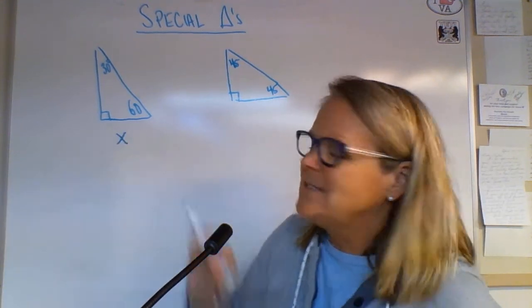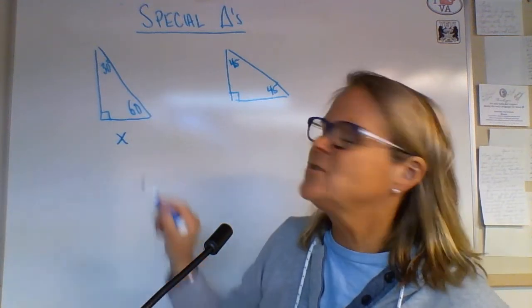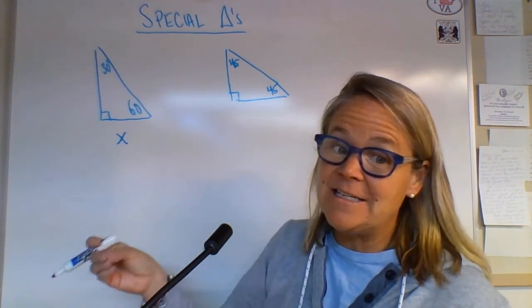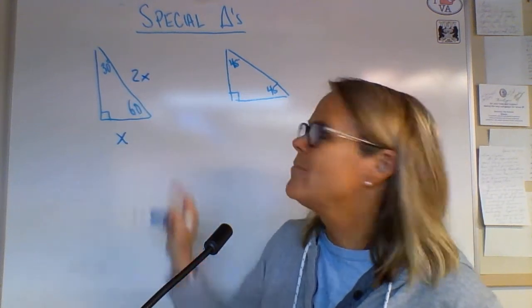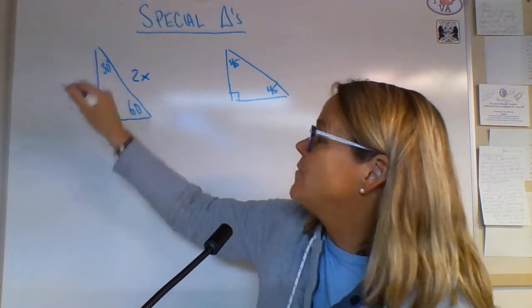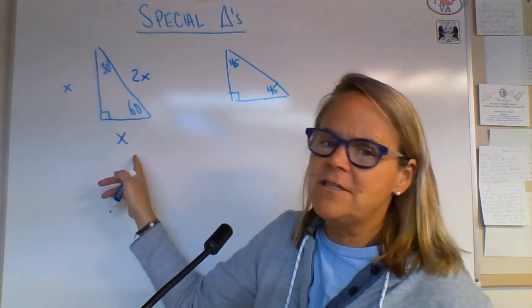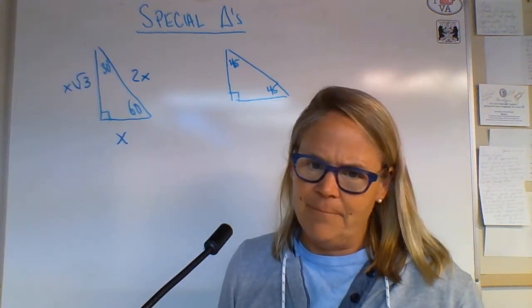That was considered x. Your hypotenuse in this 30, 60, 90 is always double that. And the long leg across from the 60 is always the short side times square root of 3.